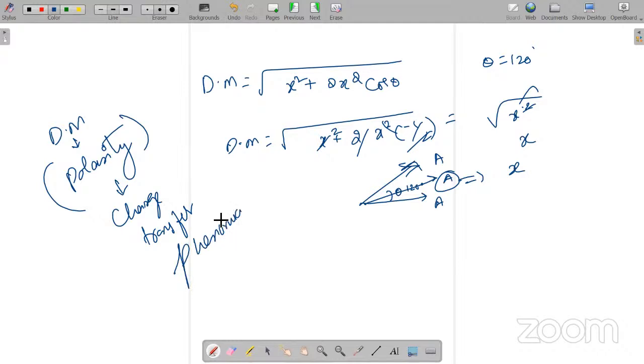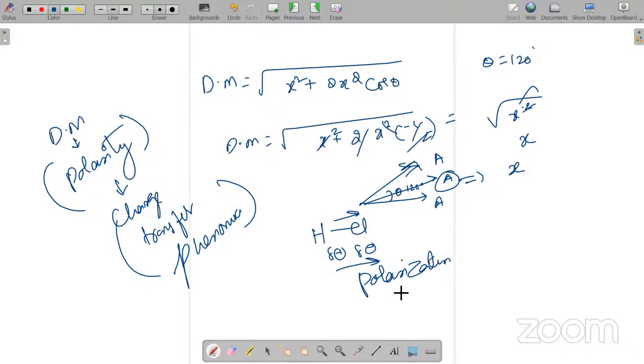So due to the charge transfer phenomenon, let's suppose you see HCl, this is delta plus and delta minus. This kind of charge separation between them is simply nothing but polarity.